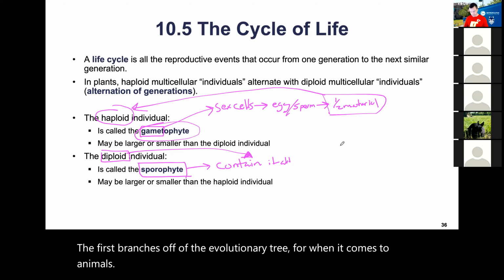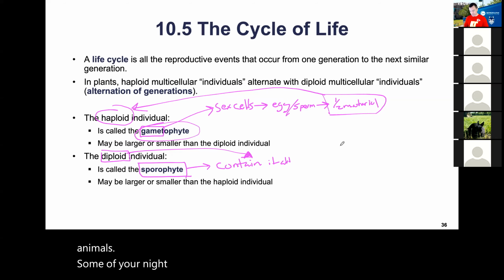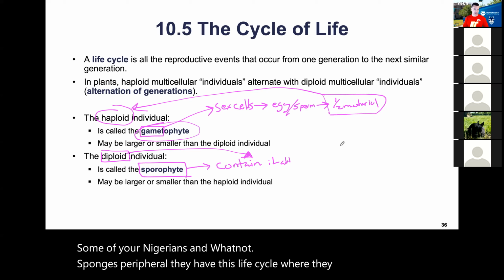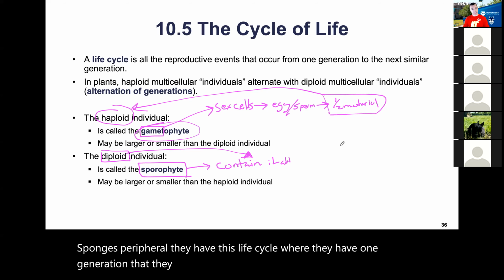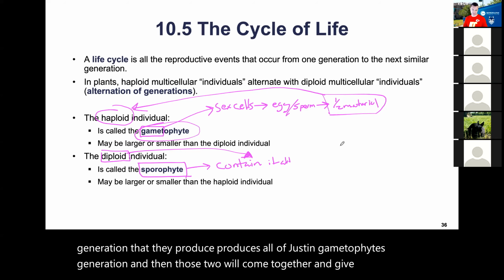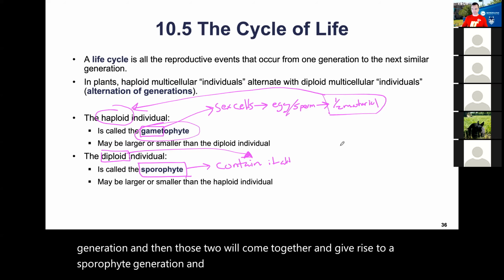Some of your cnidarians and whatnot, sponges, porifera, they have this life cycle where they have one generation that produces just a gametophyte generation. And then those two will come together and give rise to a sporophyte generation. That's just how their life cycle is.